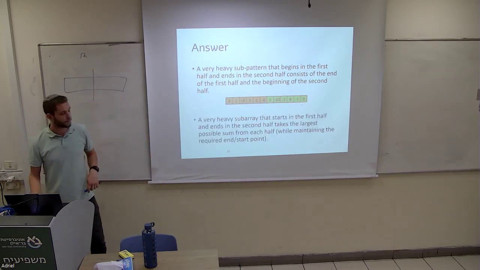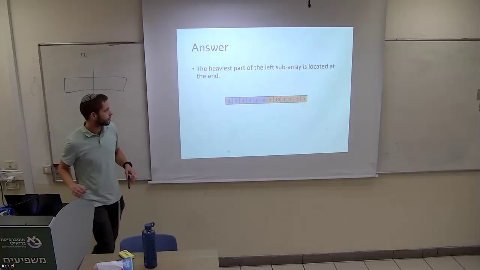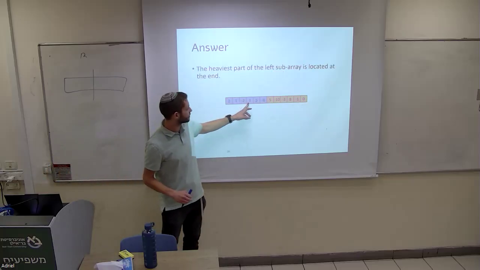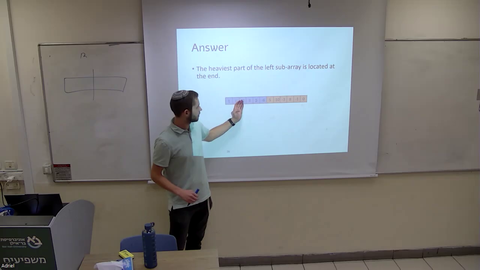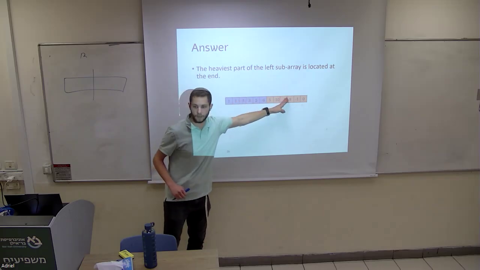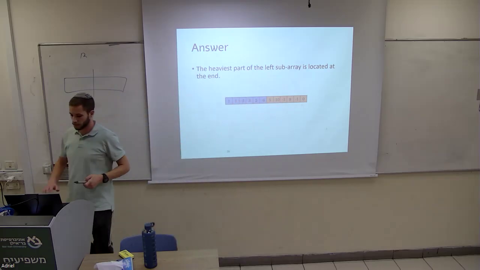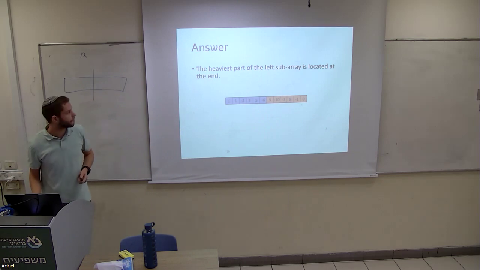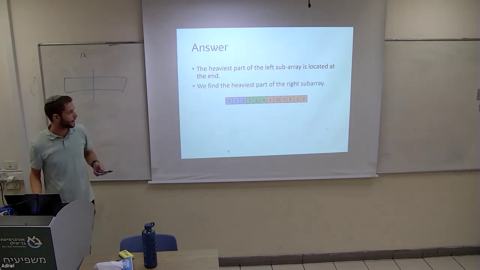Here we're just trying to solve the ones that start here and end here. That's the only one we're trying to solve. So we'll find the heaviest part of the right subarray. Add the sums.